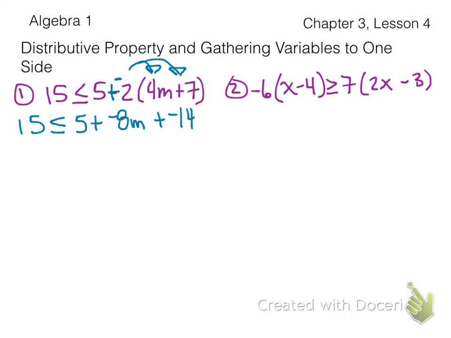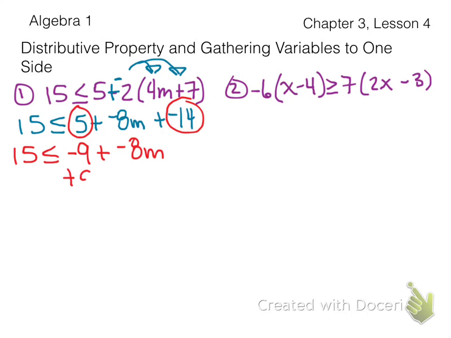Combining like terms. I have 2 constants here, so I need to combine them. So I have 15 is less than or equal to 5 plus negative 14, and again, I can do that because of the commutative property of addition, is going to give me negative 9 plus negative 8m.